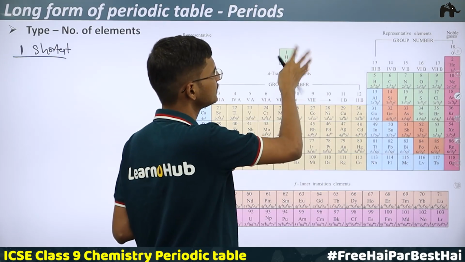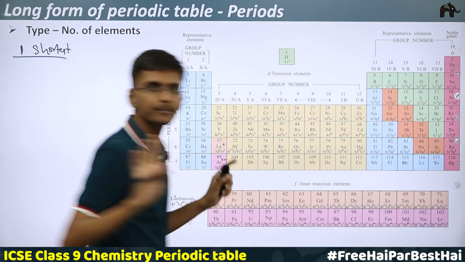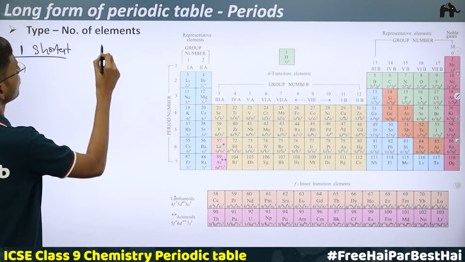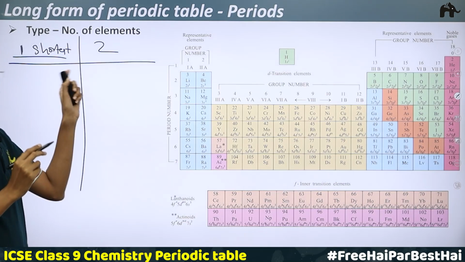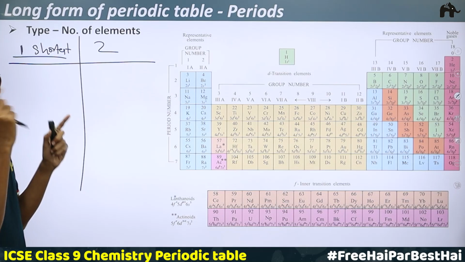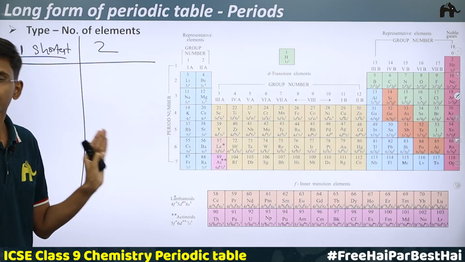So the first period has 2 elements, hydrogen and helium. Clear? So the number of elements is 2 for the first period. Since it has the least number of elements, its name is shortest period.